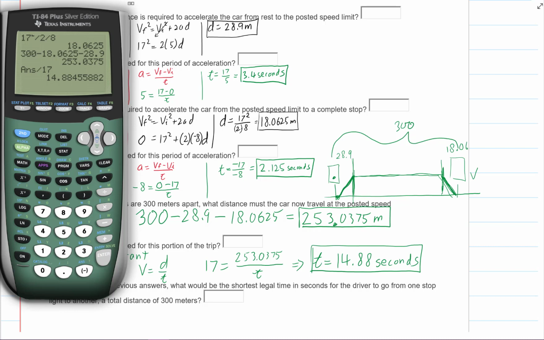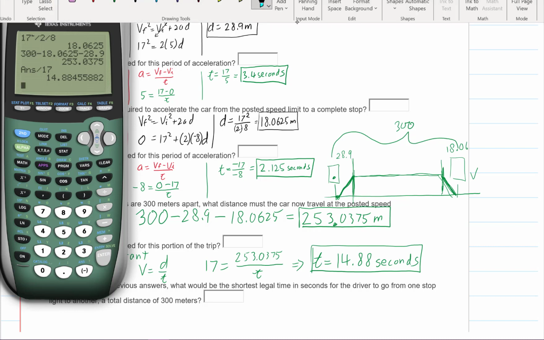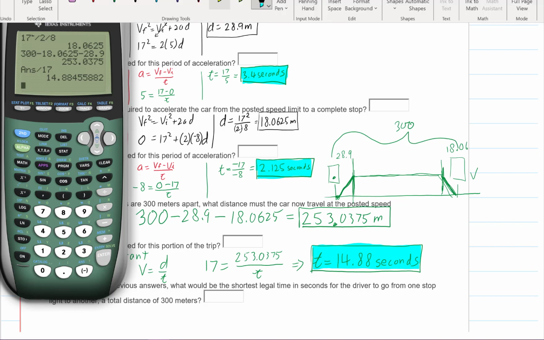So I'll highlight some things here that might help you. The time for the first part was 3.4 seconds. The time for the last part was 2.1 seconds. And the time for the middle part was 14. Then let's just see, go back even further.